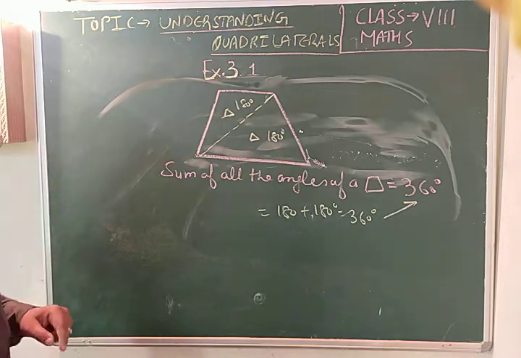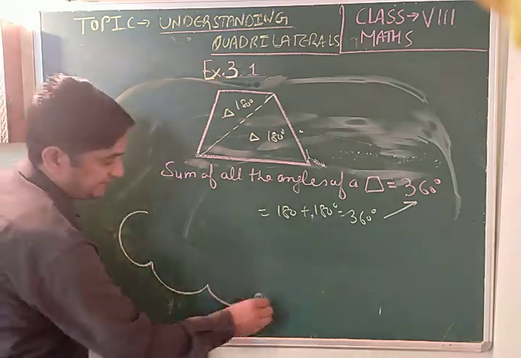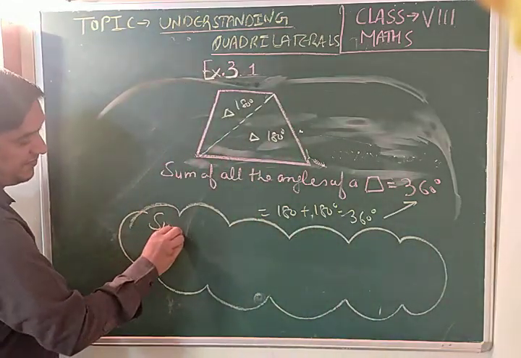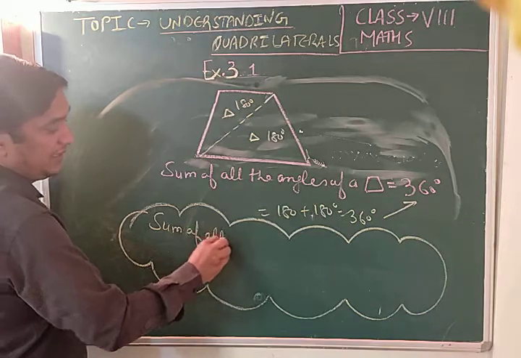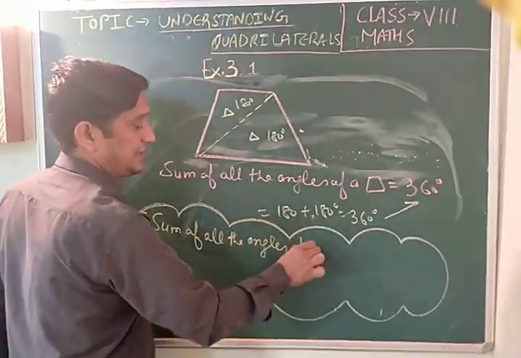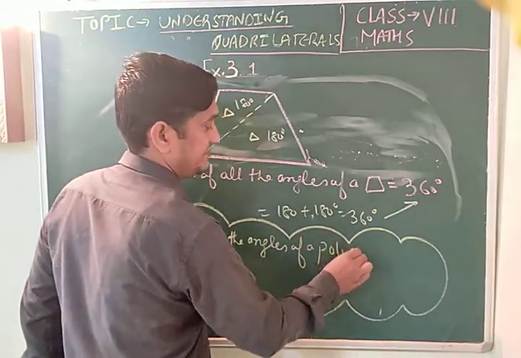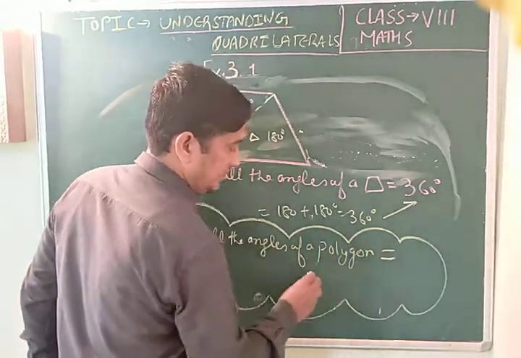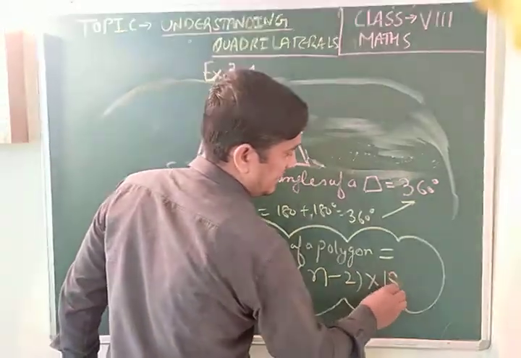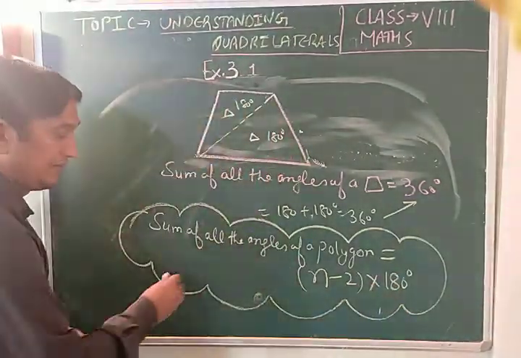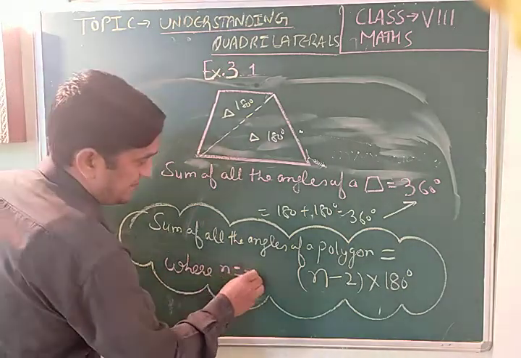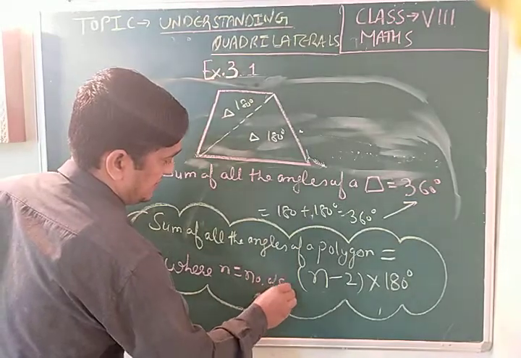And children, we also know the formula: sum of all the angles of a polygon is equal to n minus 2 into 180 degrees, where n is the number of sides.